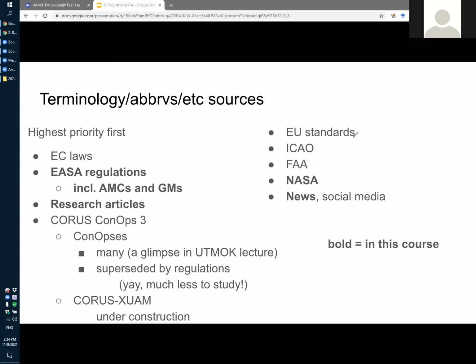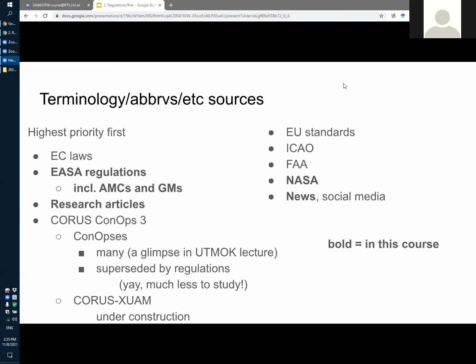Well, there are also EU standards, which we don't look at. ICAO, mostly for conventional aviation, we don't look at that. FAA, I mean, we had the definition of AAM, and NASA; things from the US are less relevant for us in the European context, but of course, very interesting. News, social media, articles on the internet, why not?